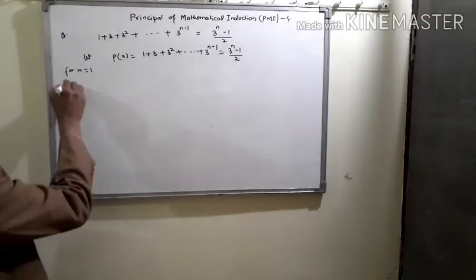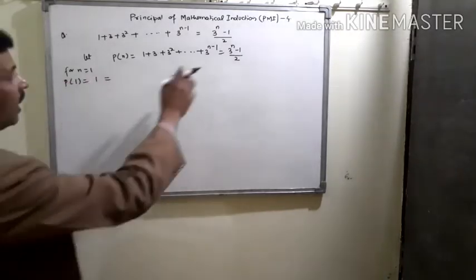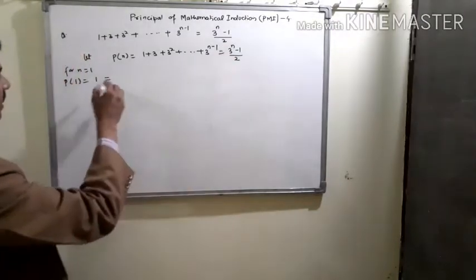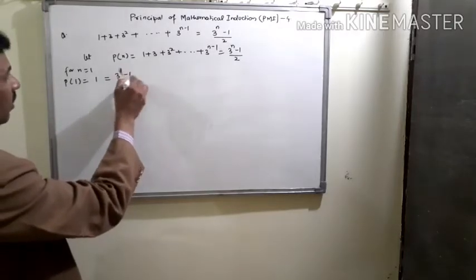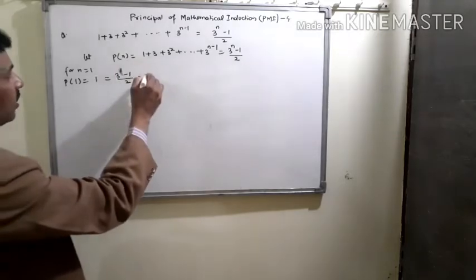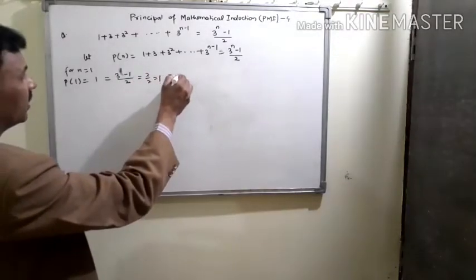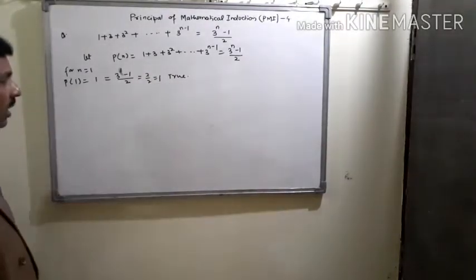Then P(1) = 1, and on the right side we put 1 in place of n: (3^1 - 1)/2. This will be (3 - 1)/2 = 2/2 = 1. That means you can see here 1 = 1, so this is true for n = 1.